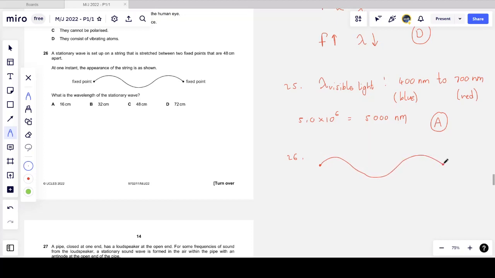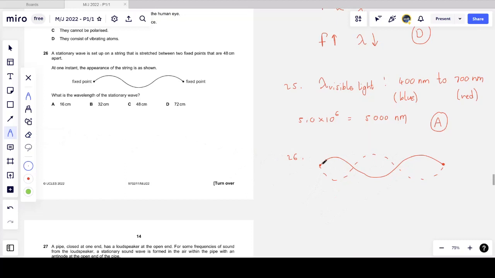So the wave propagates, it reaches the second fixed point, it is then shifted by 180 degrees, so its phase changes by 180 degrees, as it is reflected and then moves in the opposite direction. And so just assume all of these are the same size. They clearly don't look that way, but we can just make that assumption.